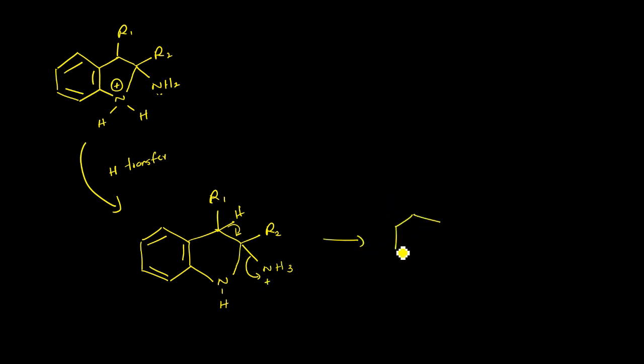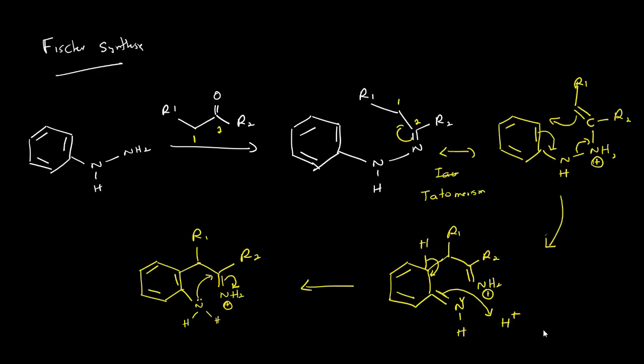So we will have the structure like this. Here's the benzene ring, and here's the R1 group, R2 group, NH, and a double bond over here, plus ammonia.